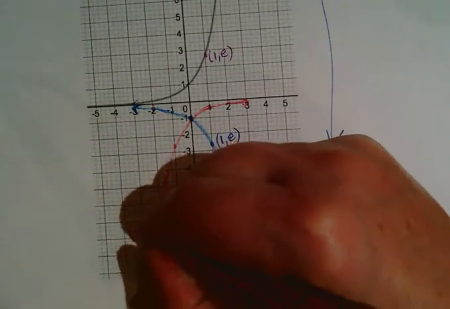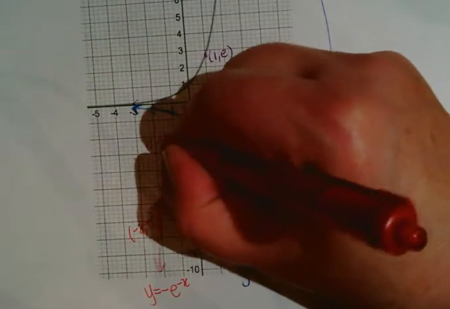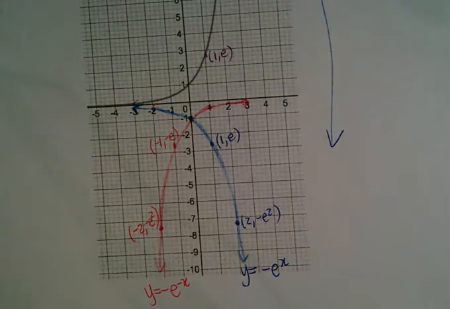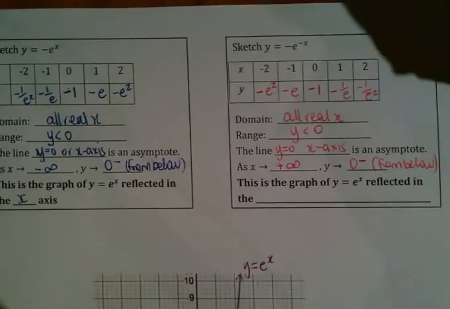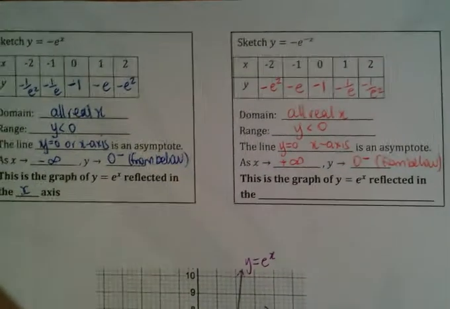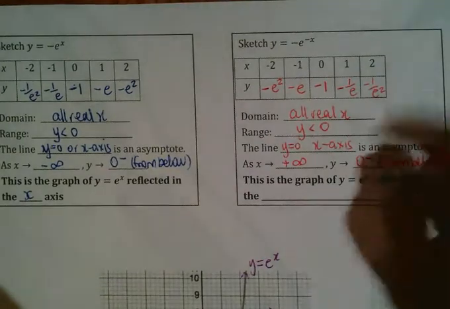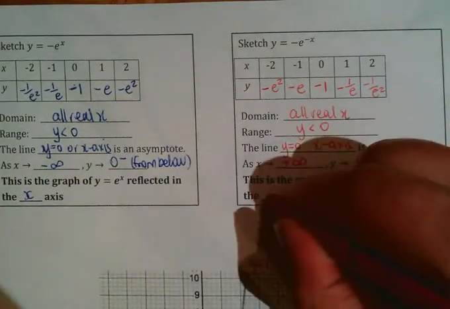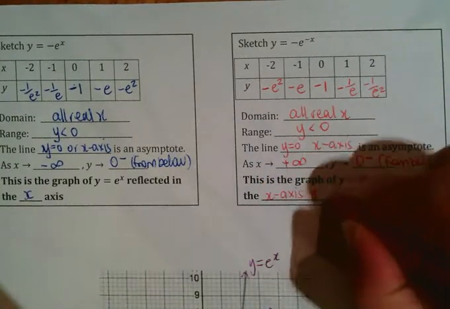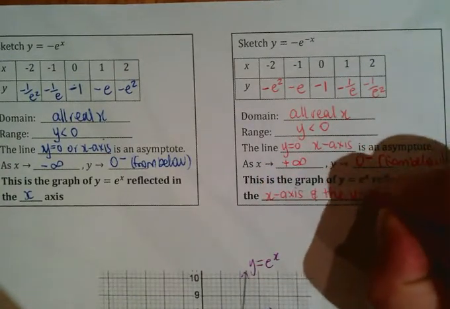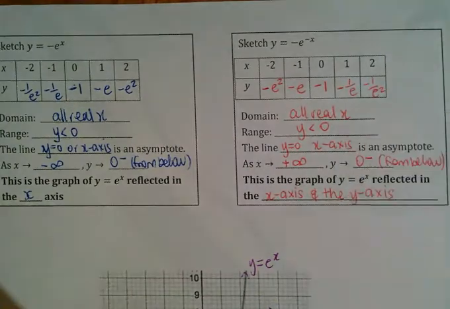And you can just put a few values there on your curve. Okay, so coming back up, we can see that y equals negative e to the negative x is the graph of e to the x reflected in both the x-axis and the y-axis as well. So it's a double reflection.